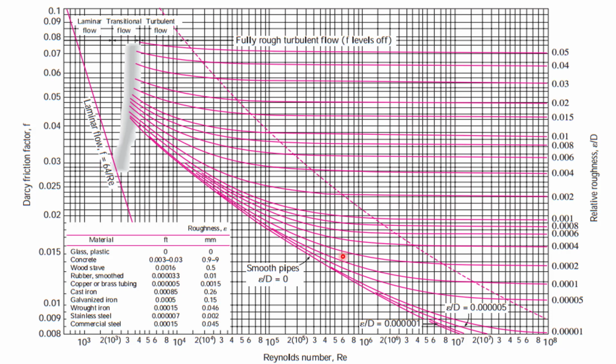For turbulent flows, the Darcy friction factor is a function of pipe roughness and Reynolds number. The bottom line is for smooth pipes, and the line at the top is for fully rough pipes. Pipes made of glass and plastic are smooth pipes, and pipes made of concrete are fully rough pipes. The Darcy friction factor becomes independent of Reynolds number at higher Reynolds numbers and depends only on the pipe roughness.